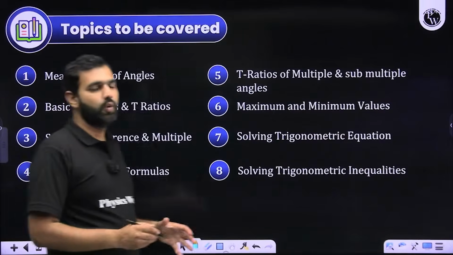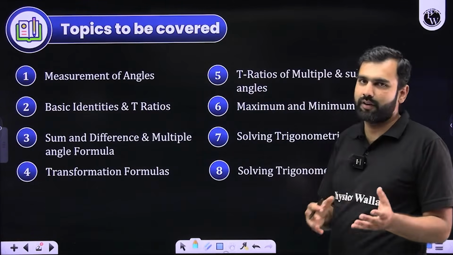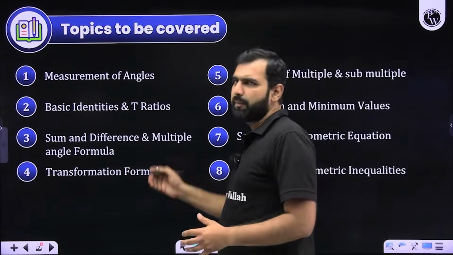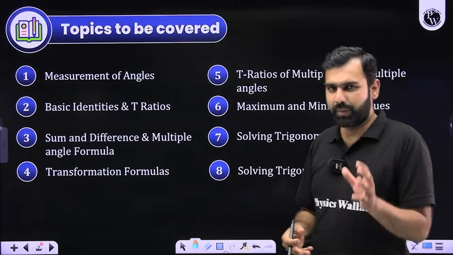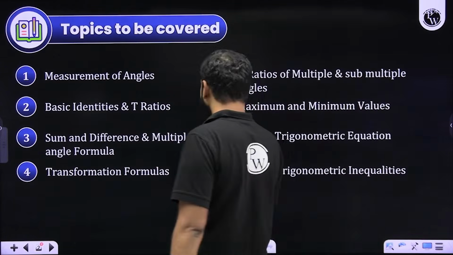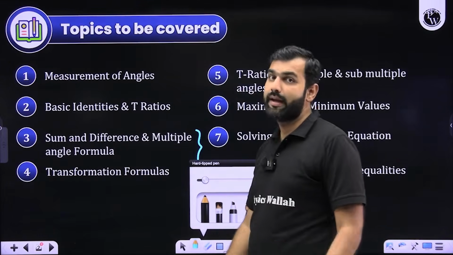So this is all we'll be covering in this one short video. We'll begin with measurement of angles. We'll learn how to convert it into radians. And then of course, we'll talk about the basic identities and trigonometric ratios, some standard trigonometric ratios which you should be aware of. Then we'll start discussing some important or crucial identities which play a very crucial role in your JEE journey.